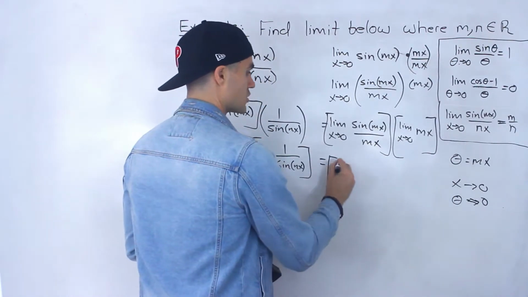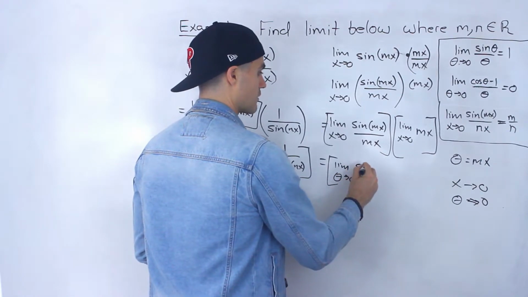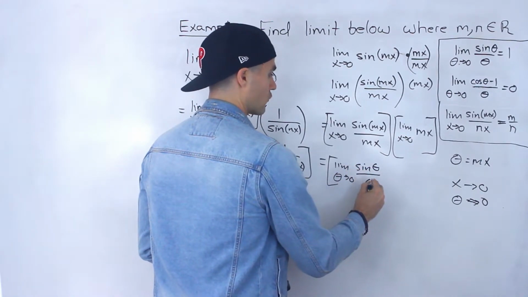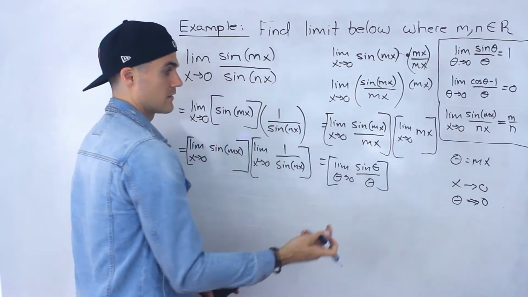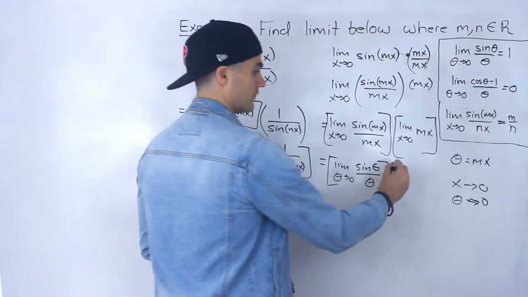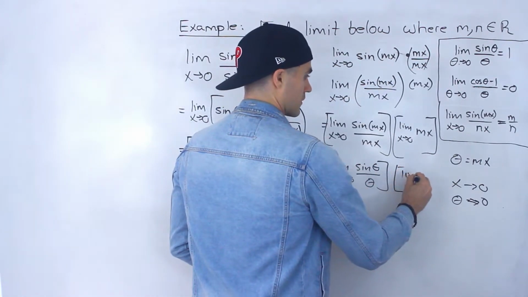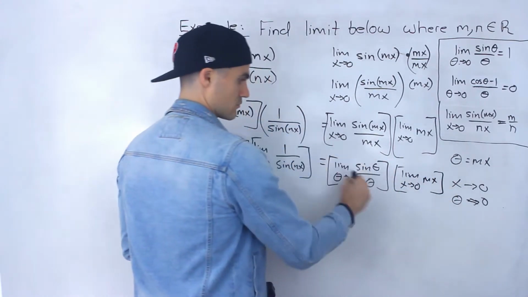So we can do a change of variable here: we have the limit as theta approaches 0 of sine theta over theta, right? mx, we let that equal theta. And we know that this is equal to 1. So this bracket is 1.